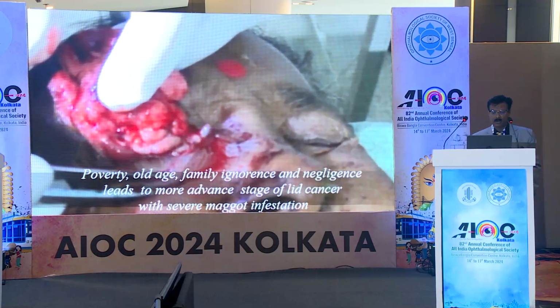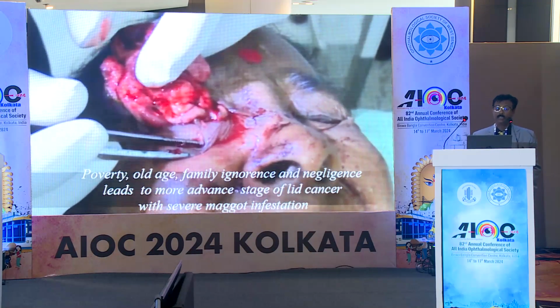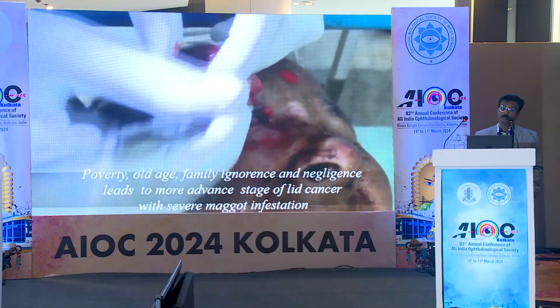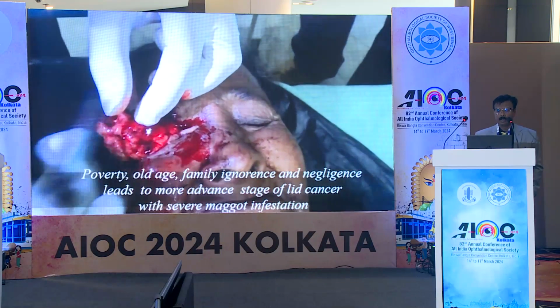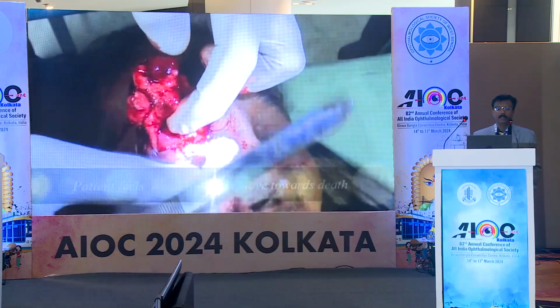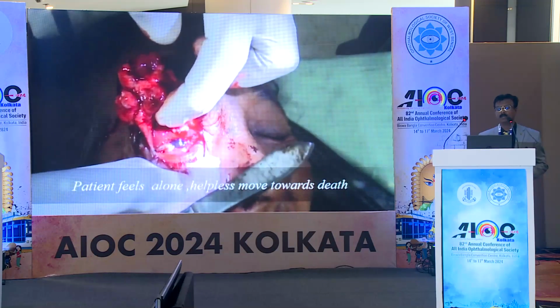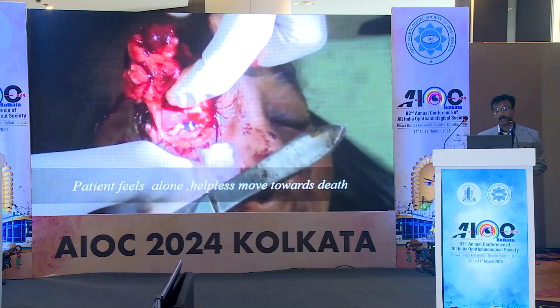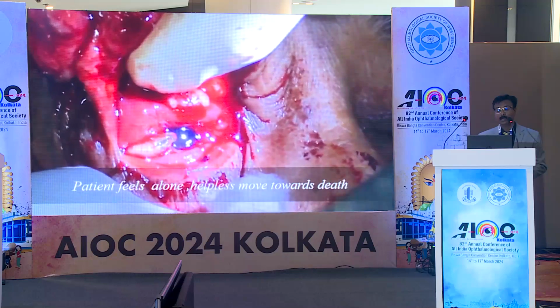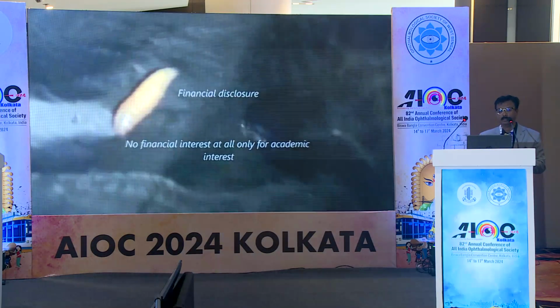Old age, family ignorance, and negligence lead to a more advanced stage of lid cancer with severe maggot infestation. First, dressing of the eyelid is very essential to make the tumor healthy, debride all the infected tissues. The patient feels alone, helpless, and moves towards death. This is a live maggot.